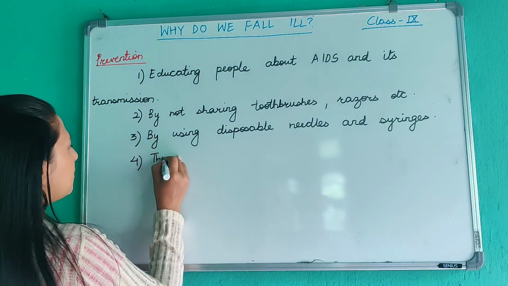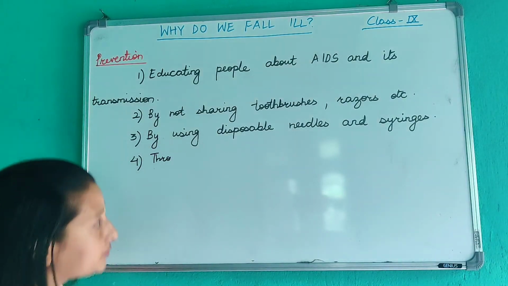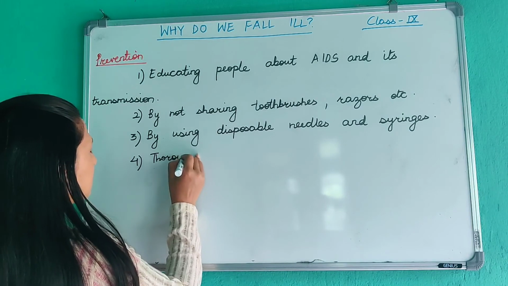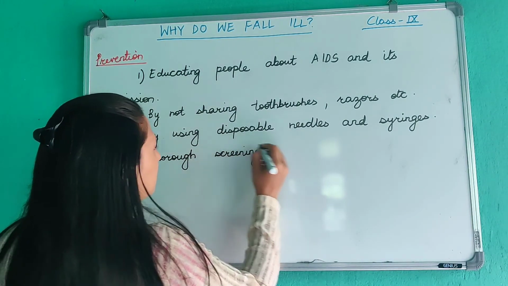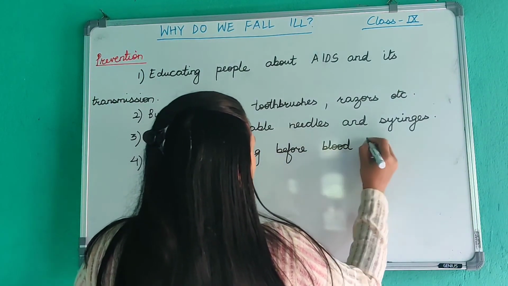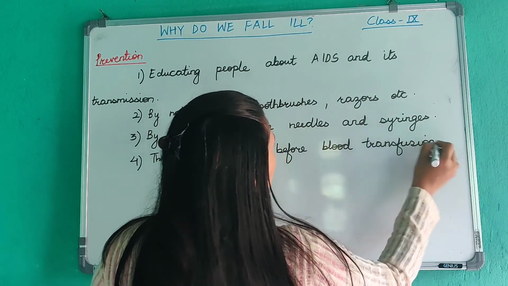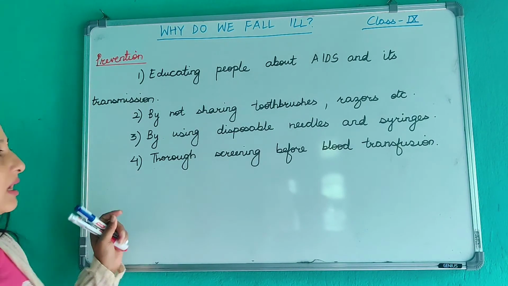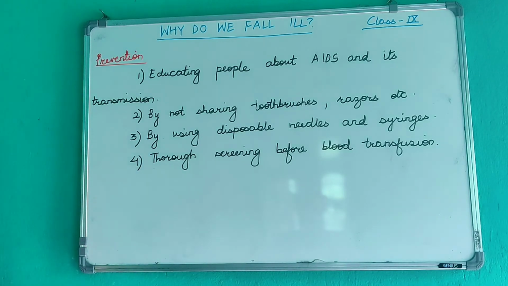So thorough screening of blood should be done before blood transfusion. Before giving blood to anybody, the blood should be thoroughly screened for AIDS, and only then should it be transfused to another person. Okay.